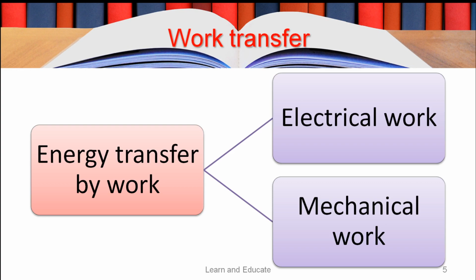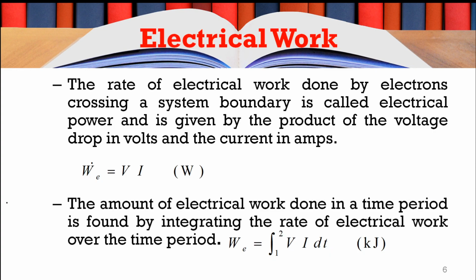So energy transfer by work can be classified briefly into two: electrical work as well as mechanical work. There are different forms of mechanical work, as you know. There will be spring work, shaft work, etc. So first we will see the electrical work.